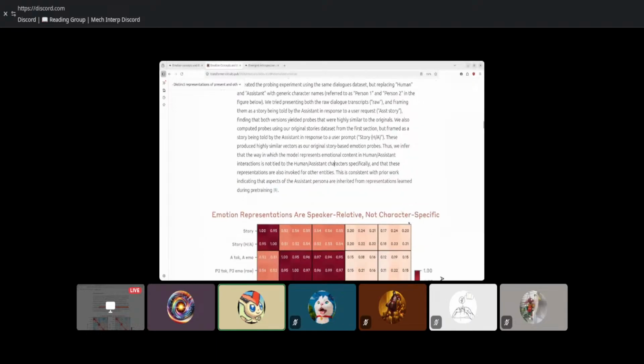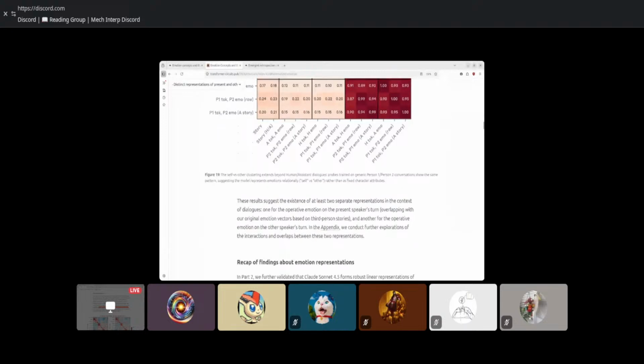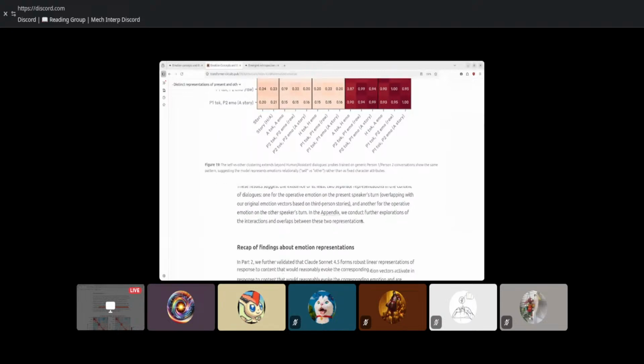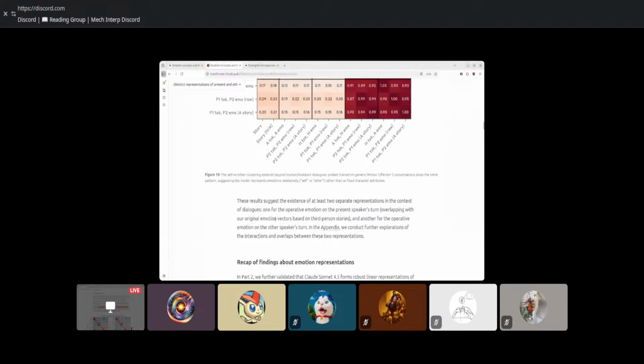Here on the emotion stuff, it works the same if on the same turn you write a story with different characters; it still activates on the different characters. Oh, so making it hide an emotion is not effective, the probe cannot detect it. Also, there seems to be a representation of what the current speaker is feeling, and also what the other person is feeling.